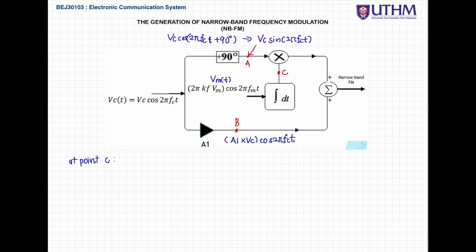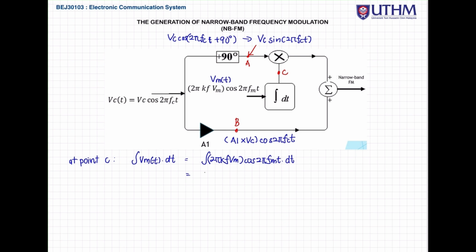Vm(t) is integrated with respect to dt, so we get 2π Kf Vm cos 2π fm t integrated with respect to t.